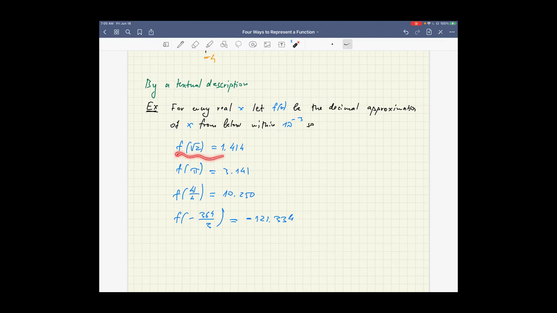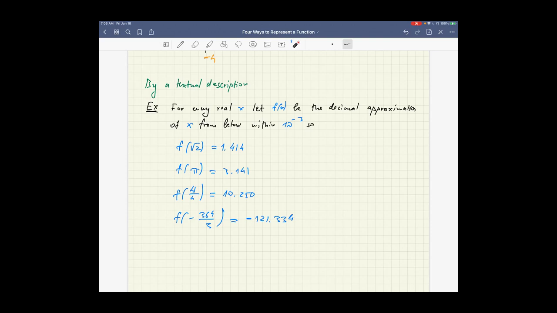But this is a valid description of a function. It may be difficult to find a specific formula for this function f. Nonetheless, it is a function that is described in a textual way.